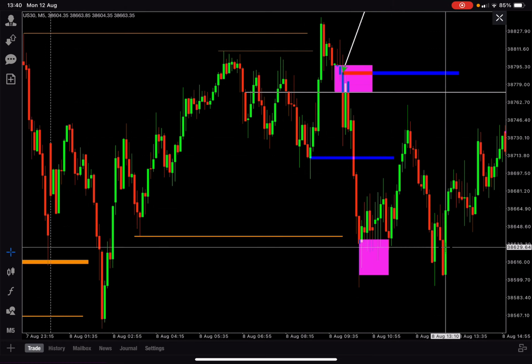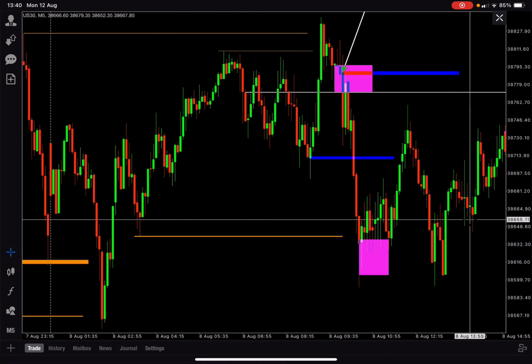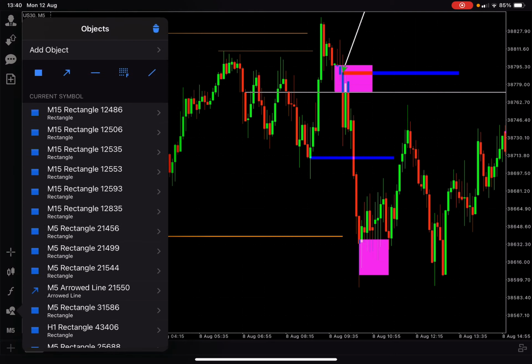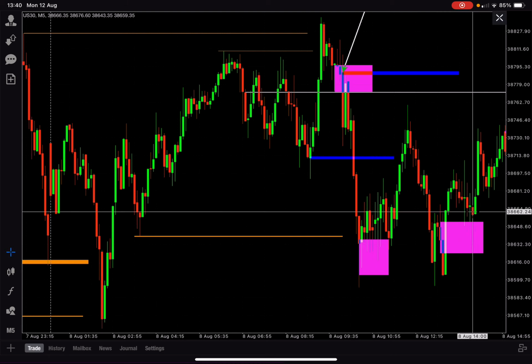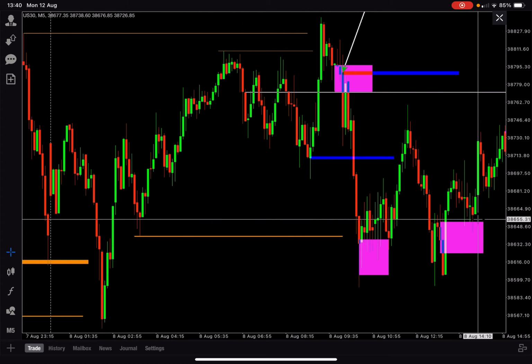So you'd have got in probably on this one here or here. But that would have been a later trade. You'd have probably risked less on that one because you'd be waiting for it to continue into the New York session. And apart from that, it's getting late into the session, so you wouldn't really take much other trades.